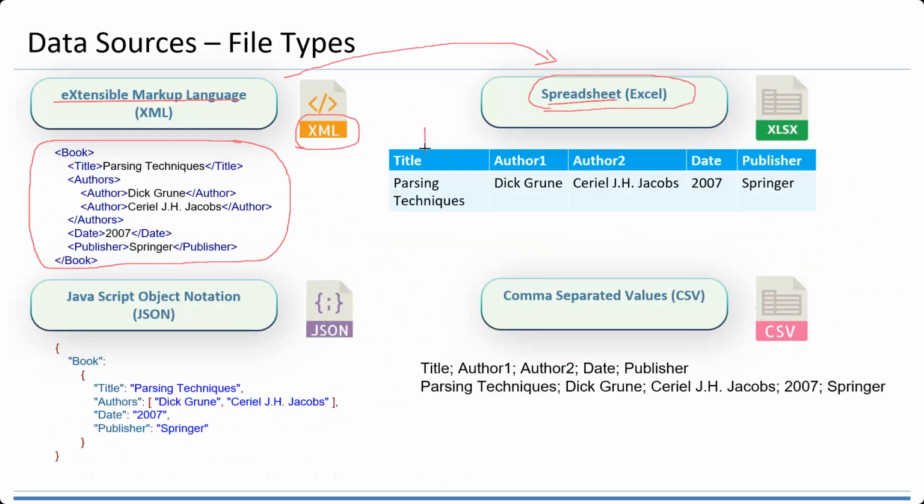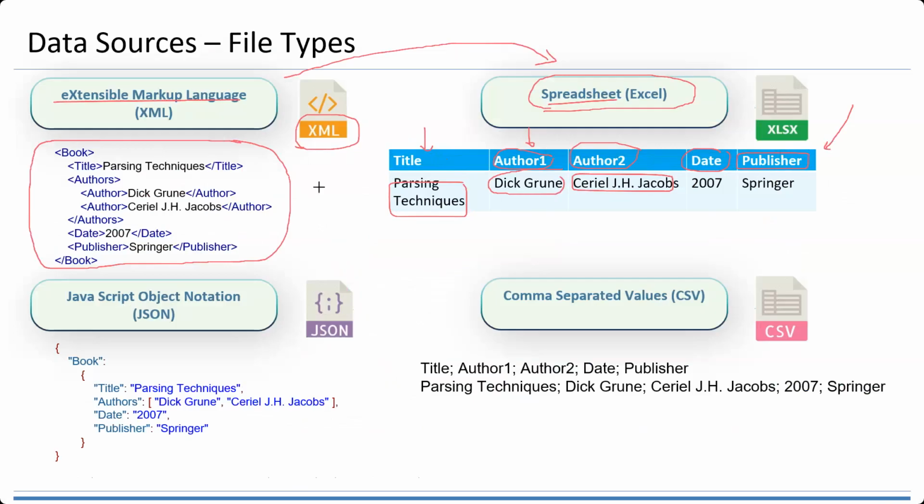Let's say I have a title, maybe this is a book title, Parsing Techniques. And then this is the author, the name of author two, Cheryl Jacobs. And then the book has been published in 2007, and the publisher is Springer. So we can easily see the data like this spreadsheet.